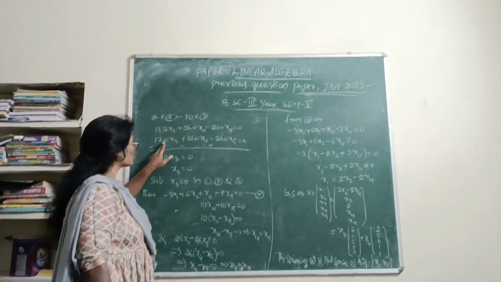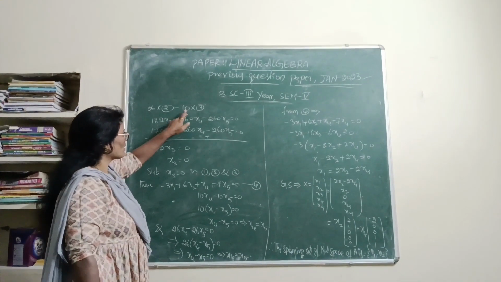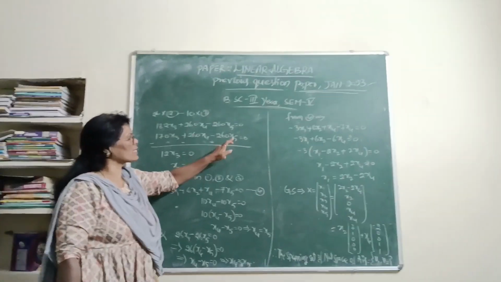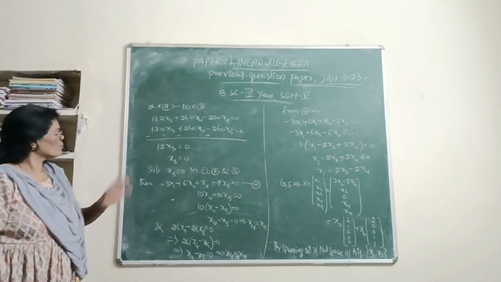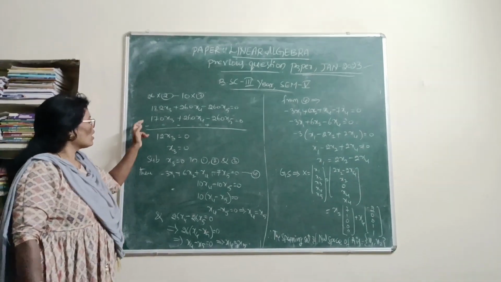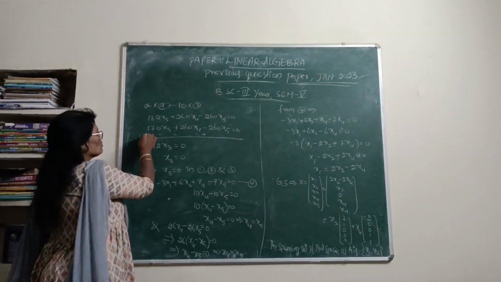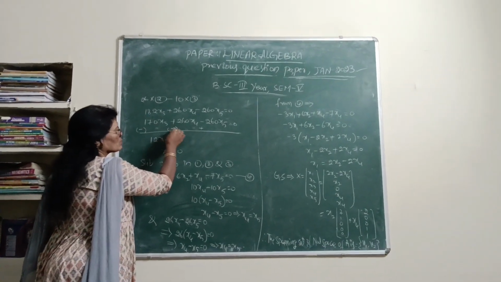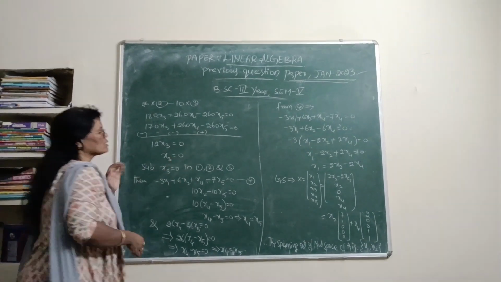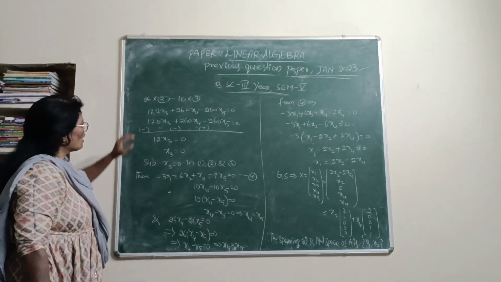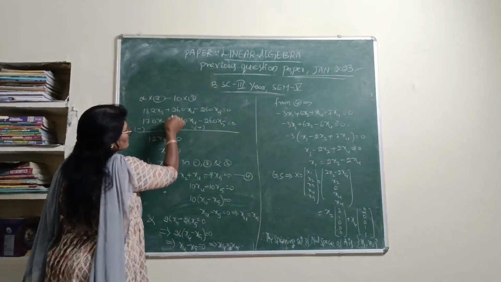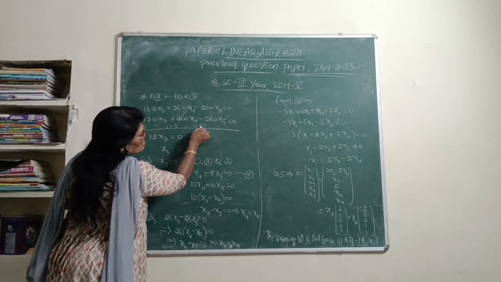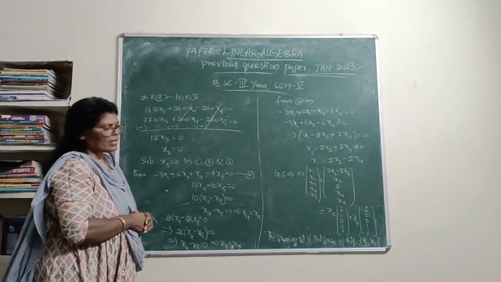The third equation becomes 170x3 plus 260x4 minus 260x5 equal to 0 after multiplying with 10. When we subtract, the x4 and x5 terms get cancelled.